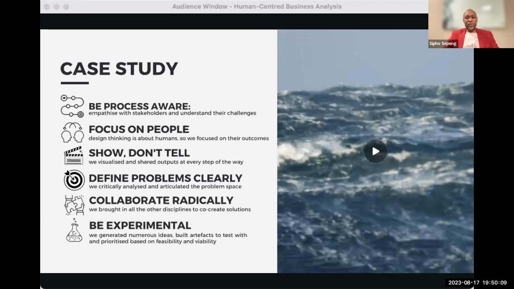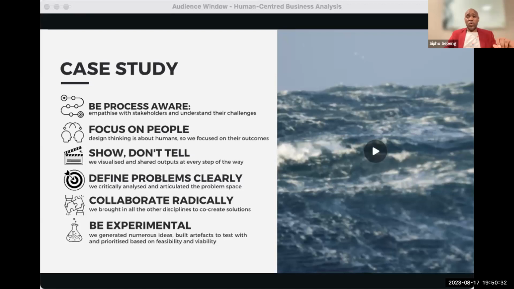And as we came together to empathize, we would then play back the findings to the broader team with the stakeholders, just to always give them sight of the process, because it's quite exploratory, and the stakeholders were not quite sure where this was leading them to.